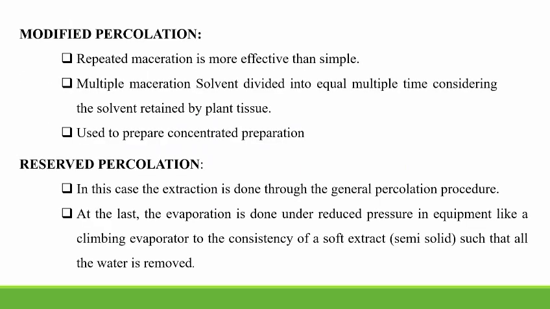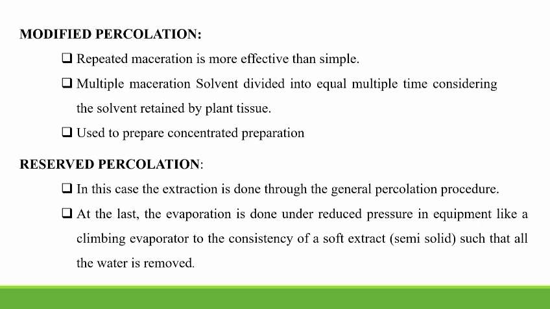The next one is modified percolation. Modified percolation means repeated maceration, which is more effective than simple percolation. Here we soak the drug repeatedly. In simple percolation, we macerate the drug only for 24 hours, but in modified percolation, we repeat the maceration process.